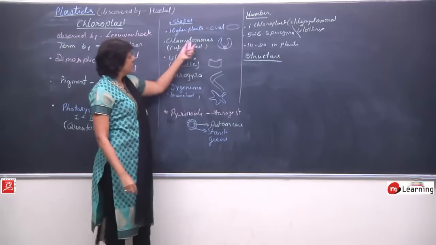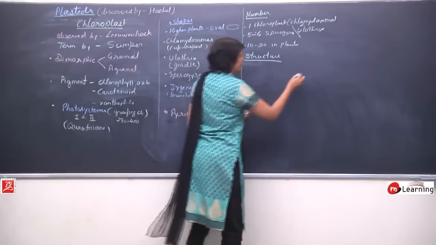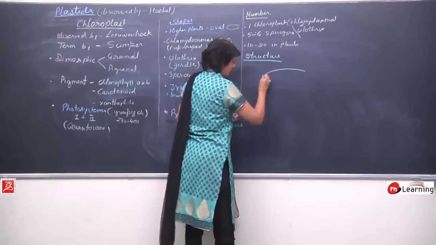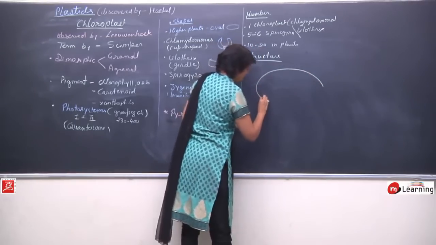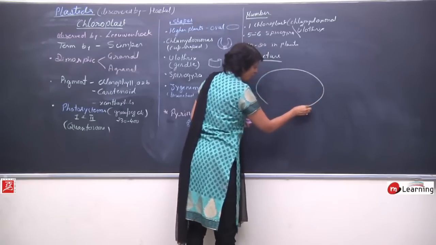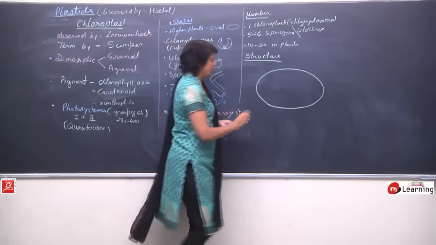Double membrane, and we are talking about the chloroplast in higher plants. So we will draw the shape which is seen in case of higher plants, that is oval or little elliptical, double membrane.